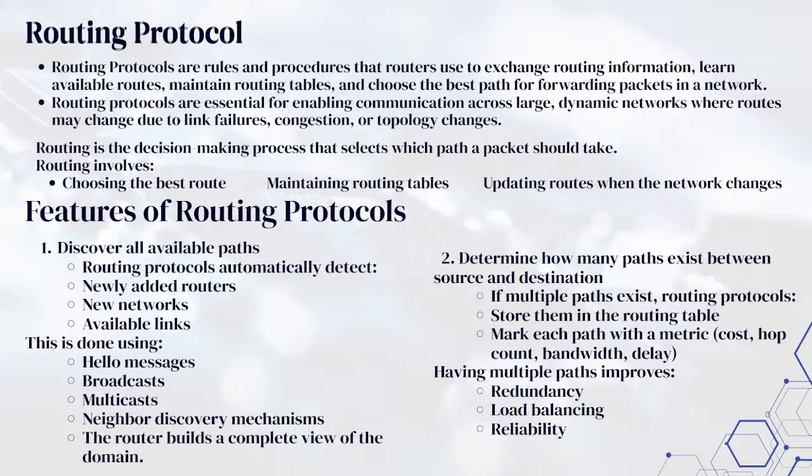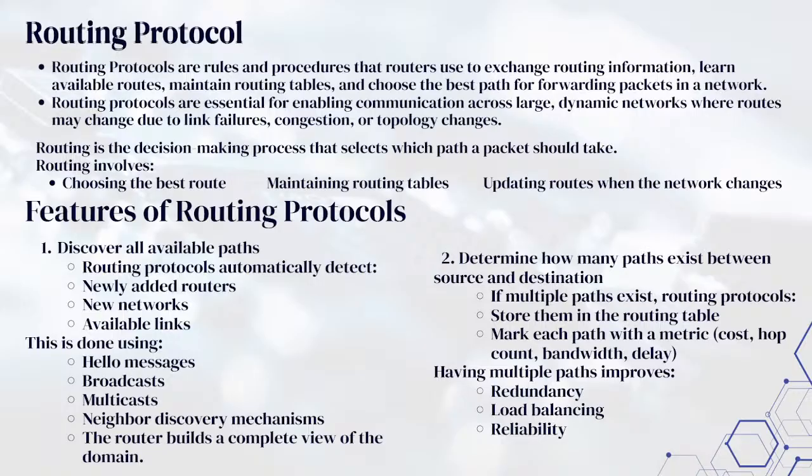And when it comes to determining how many paths exist between the source and destination, if multiple paths exist, the routing table will store them and mark each path with a metric, that is its cost, hop count, bandwidth, delay, etc. Having multiple paths improves redundancy, load balancing and reliability.